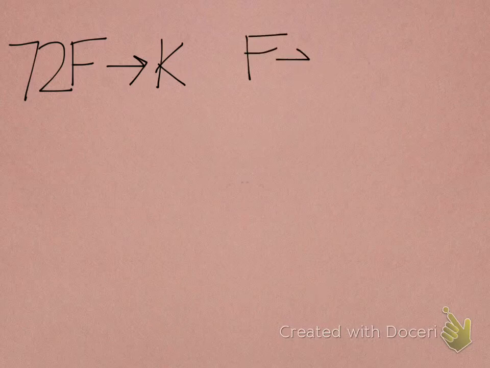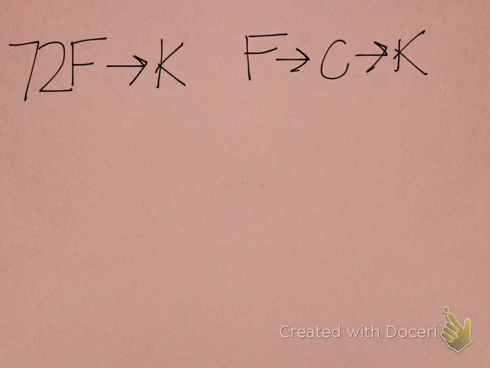All right, last but not least, we're going to do 72 Fahrenheit to Kelvin. And if you remember, there is no equation that goes directly from Fahrenheit to Kelvin or Kelvin to Fahrenheit. So we're going to have to do some multi-step stuff here. So Fahrenheit to Celsius and then Celsius to Kelvin. We just did those problems separately, so now we're just going to put them together.